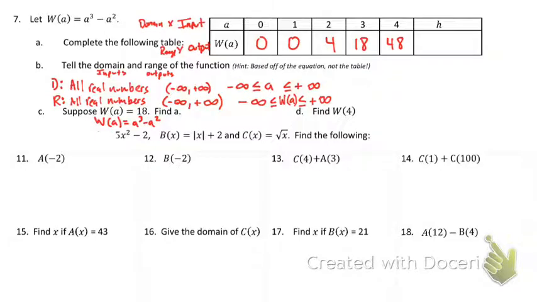Let me erase these so I can get a little bit more room. What this question is saying is, instead of knowing what A is, we actually know what W(A) is. So in other words, instead of W(A), we have 18. W(A), according to this problem, is now 18.